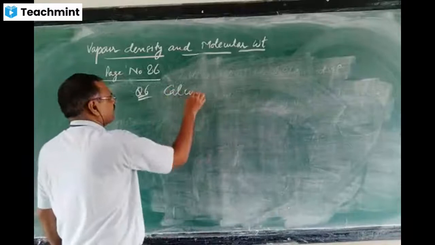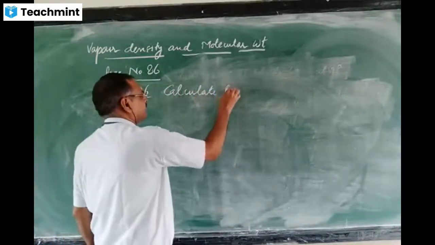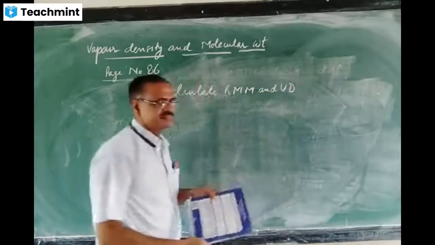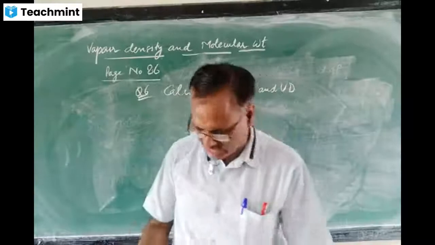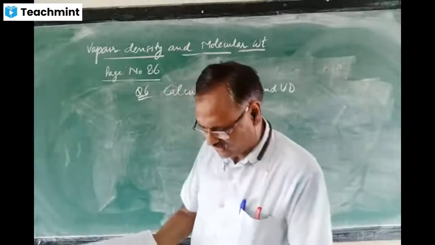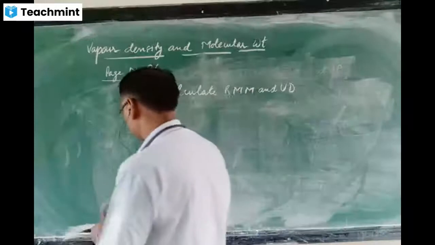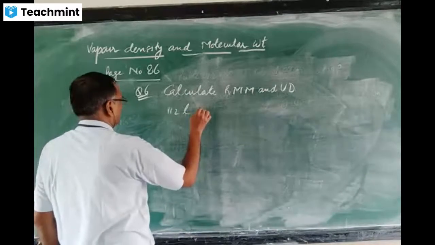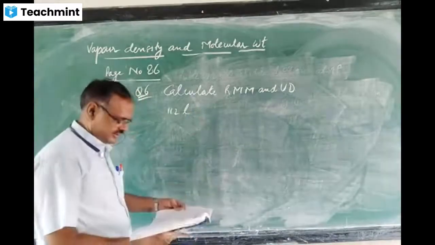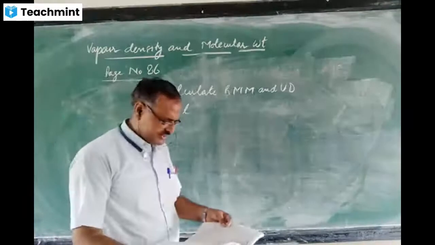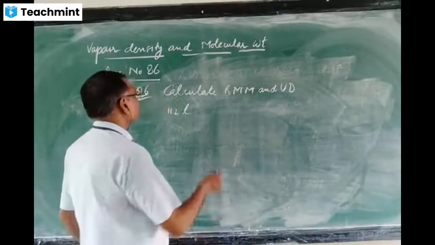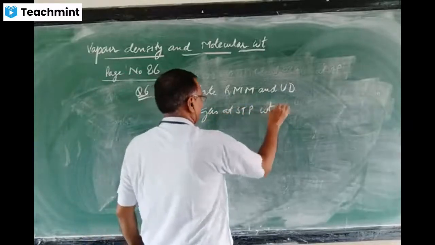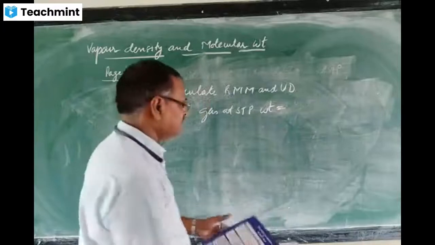Calculate relative molecular mass and vapor density. What information is given here? If 160 gram of alcohol vapor has a volume of 112 liter at STP, the weight is given as 160 gram.